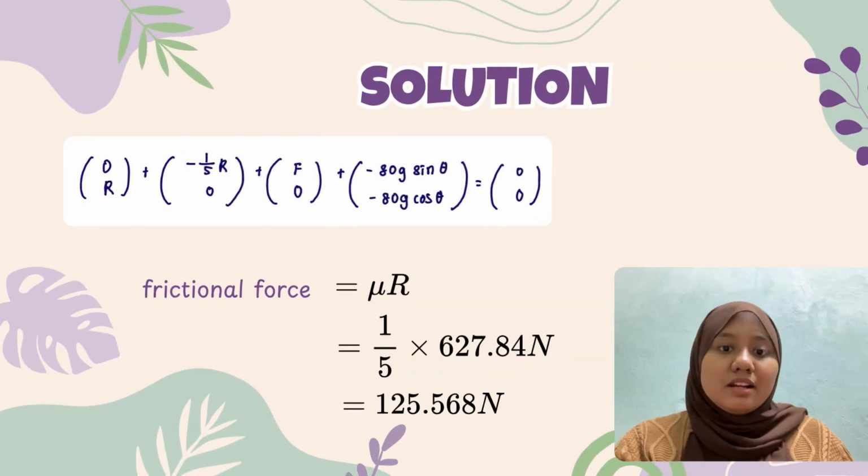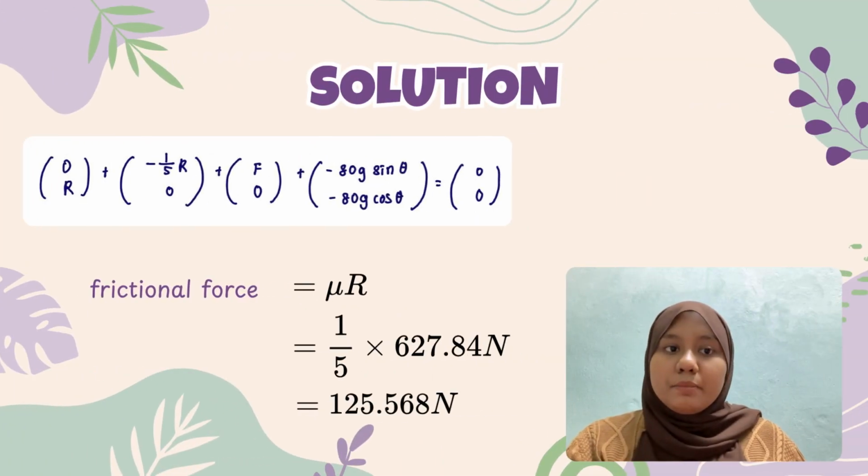Right now, we still can't solve the question yet because we need to calculate the frictional force using the formula. So the formula is mu R. Given that the coefficient of friction mu equals 1/5 and the reaction force R that we already calculated is 627.84 Newton, we need to substitute the values into the formula.